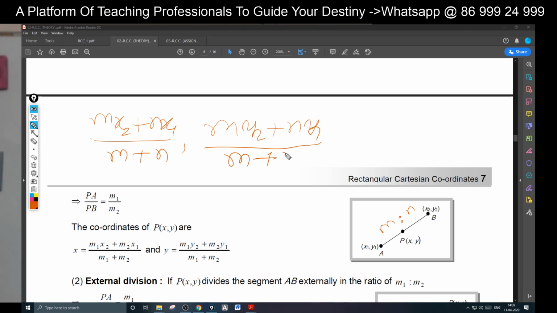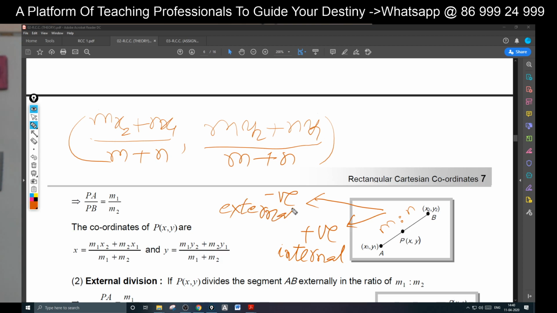And the important point is that if this m is to n is positive, then it will be internal division. If m is to n is negative, then it is external. Don't take them as two formulae, I insist.